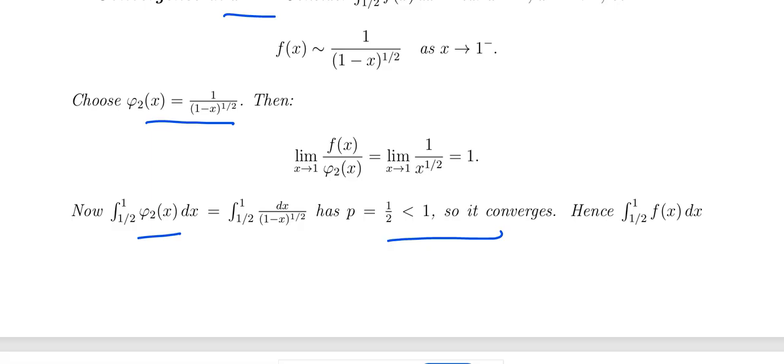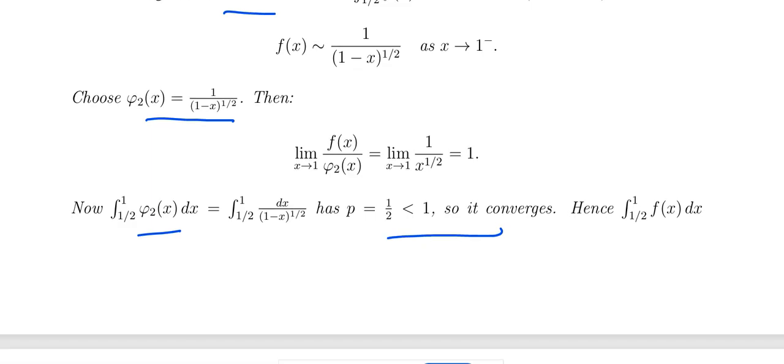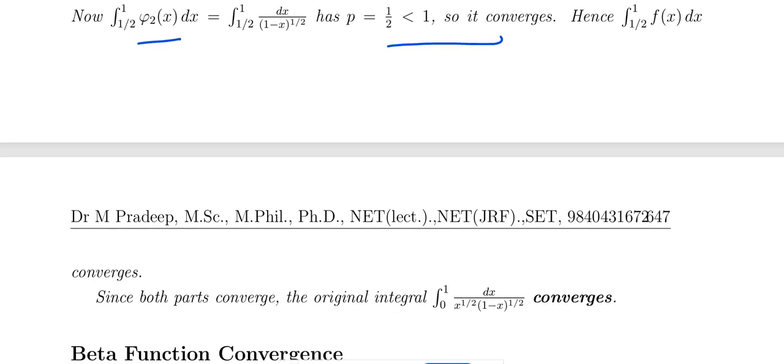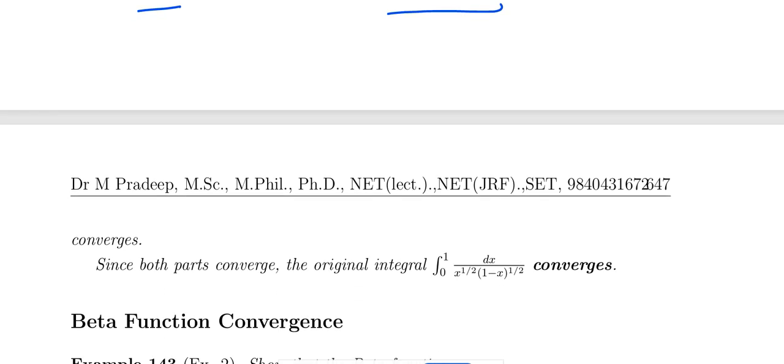So the base function converges. So both portions converge, both parts, so the original integral converges.